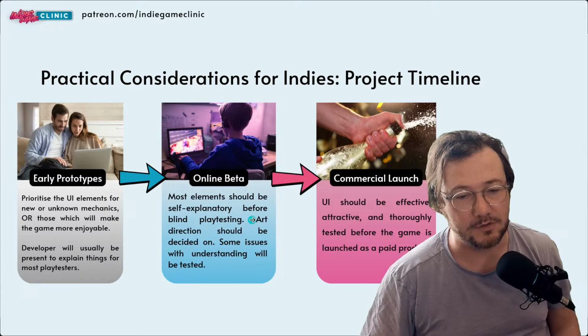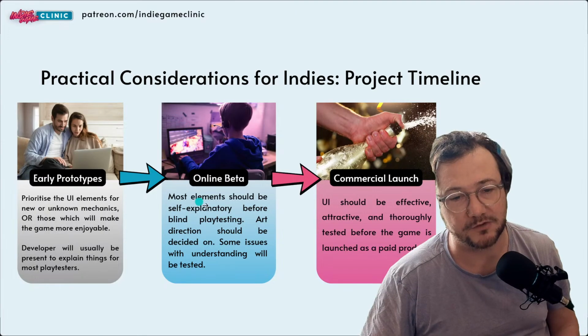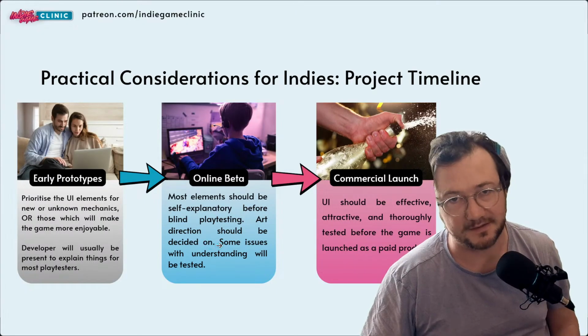You should probably at this stage also have decided on the art direction. That doesn't necessarily mean every asset needs to be ready, but you're going to be testing this with lots and lots of people, and you want to make sure they get a good understanding of what the game is going for aesthetically.